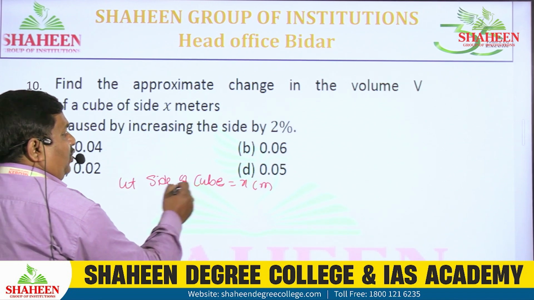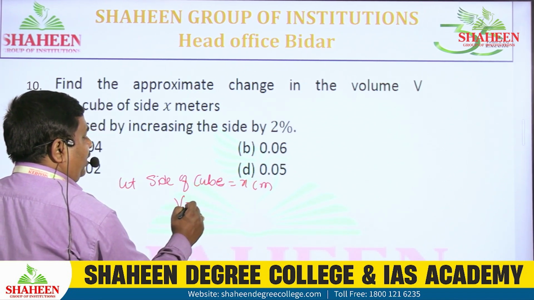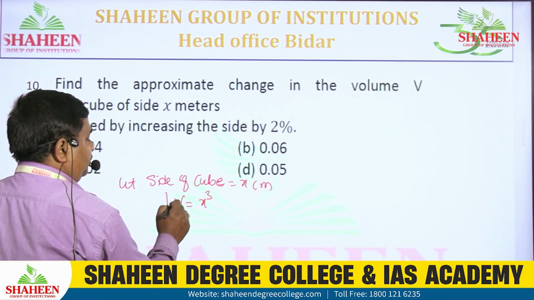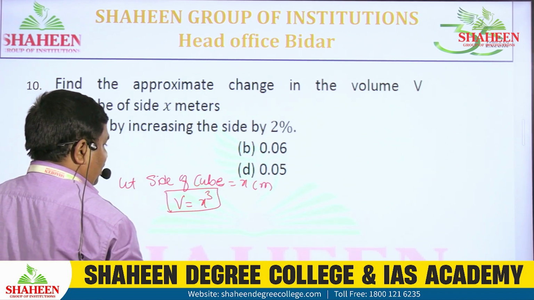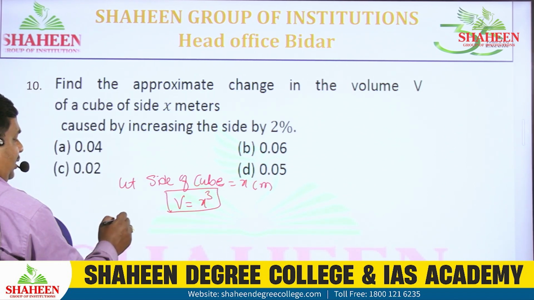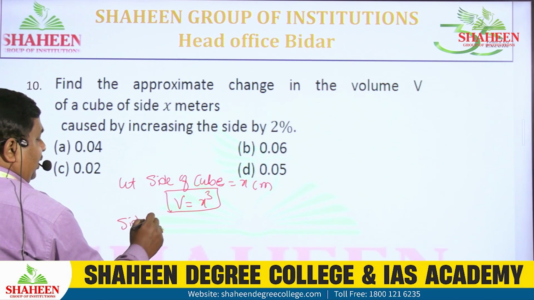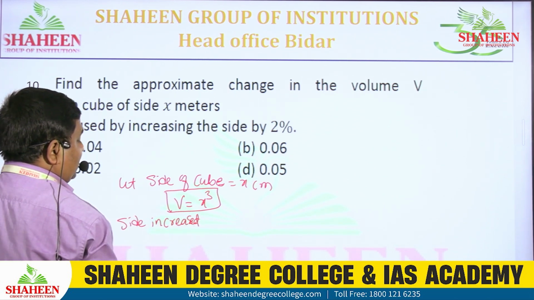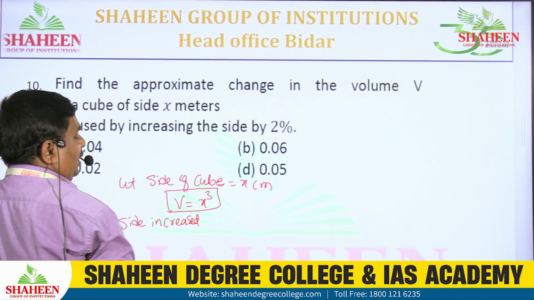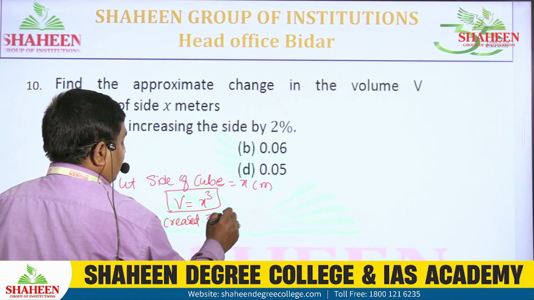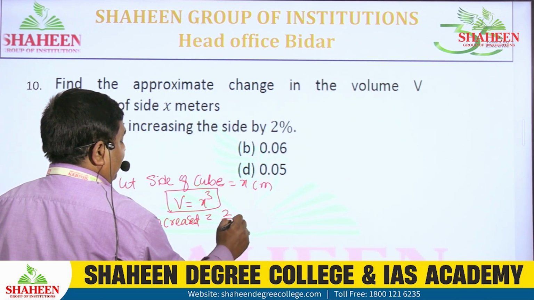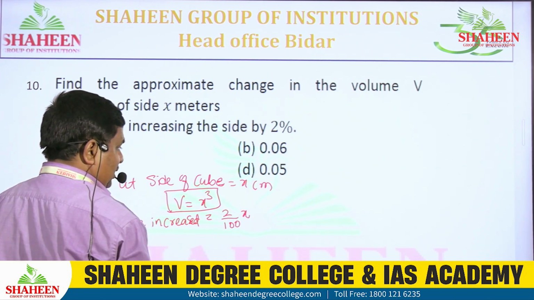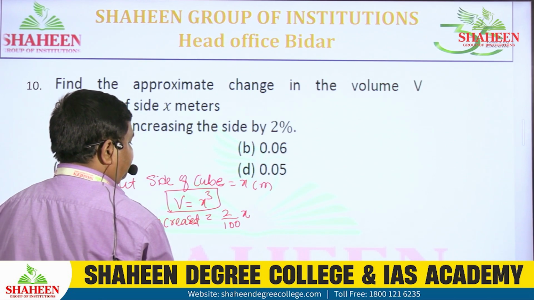If side of a cube is x, then volume V is equal to x cube. If the side is increased by 2%, then 2% means 2 divided by 100 of x, that is 2x by 100.